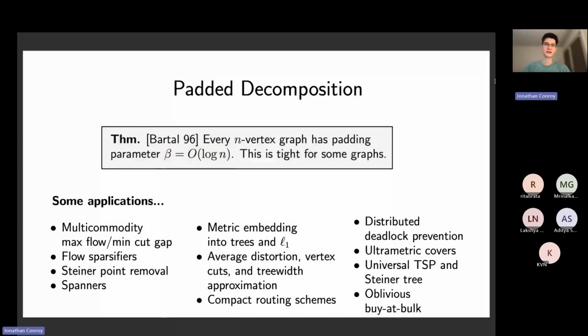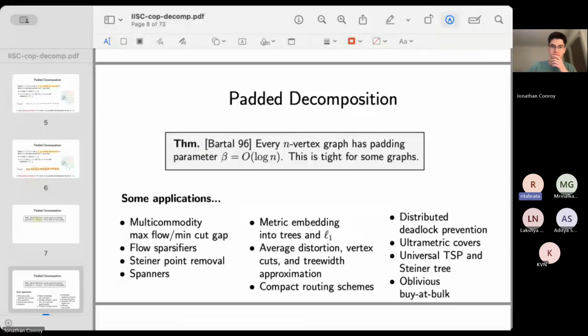Oh, sorry, just a quick question. This multi-commodity flow thing, shouldn't it require directed graphs, or does it work even on undirected graphs?